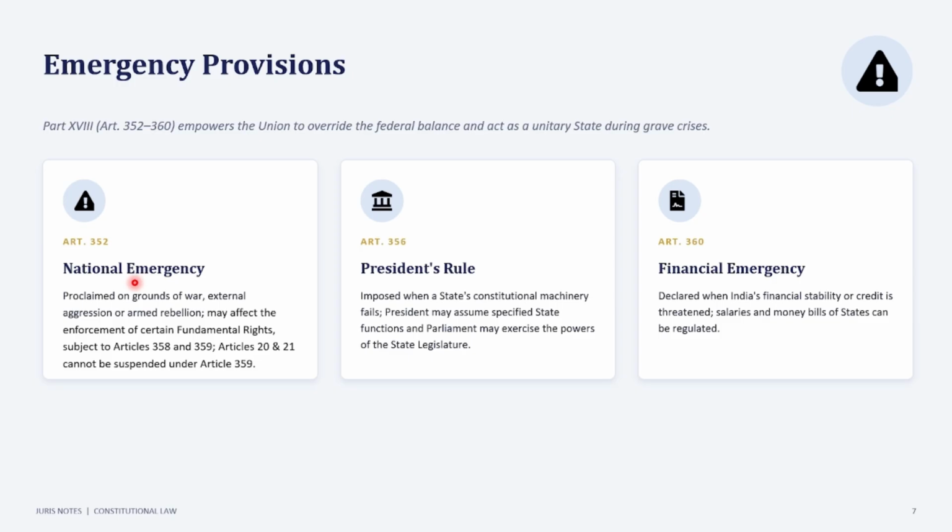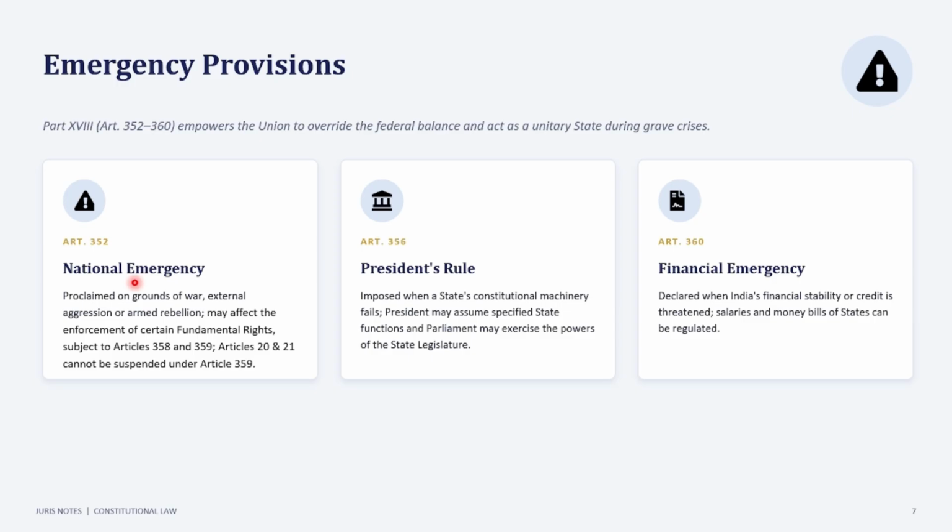Articles 358 and 359 deal with the effect of an emergency on fundamental rights. Article 358 specifically deals with Article 19 in the constitutionally specified circumstances, while Article 359 deals with the suspension of the right to move courts for enforcement of specified fundamental rights.